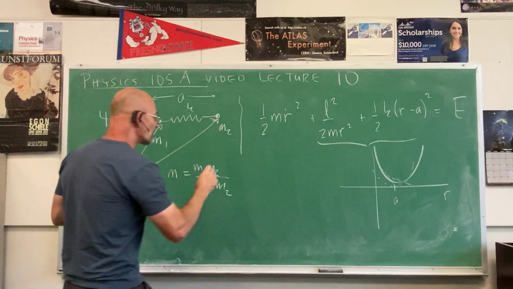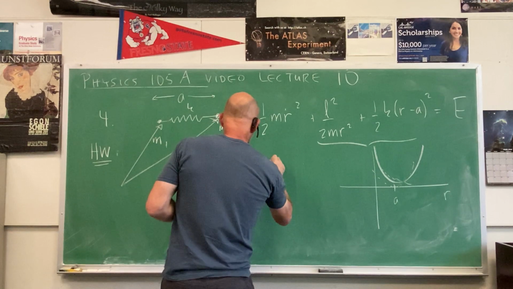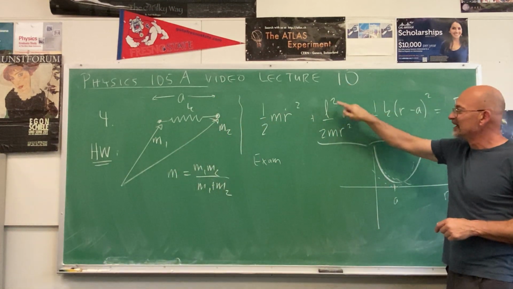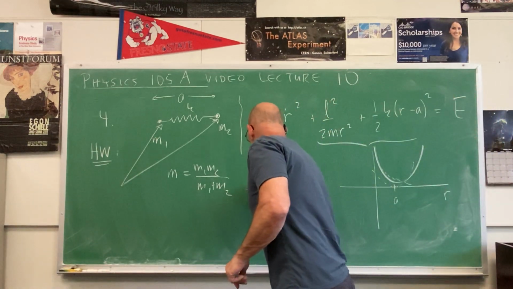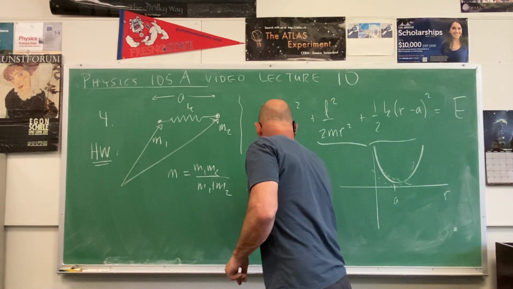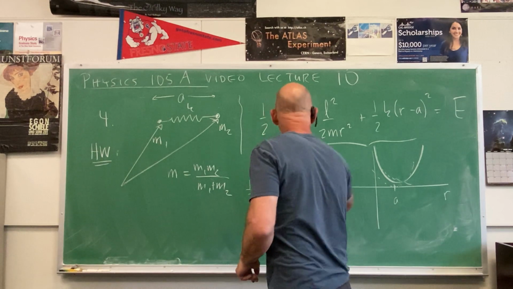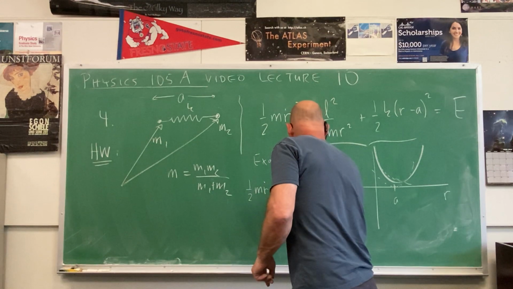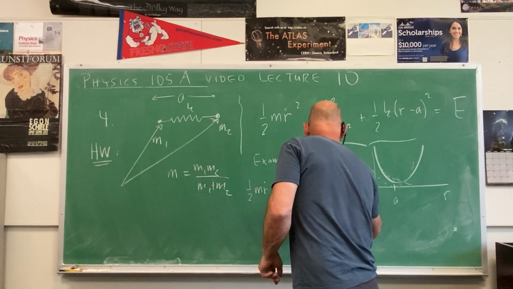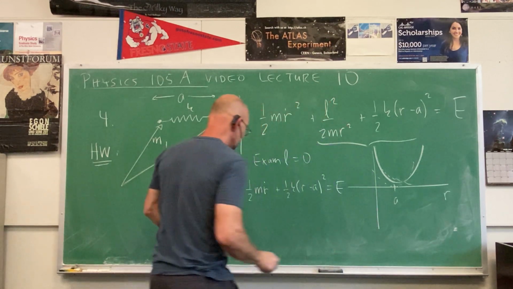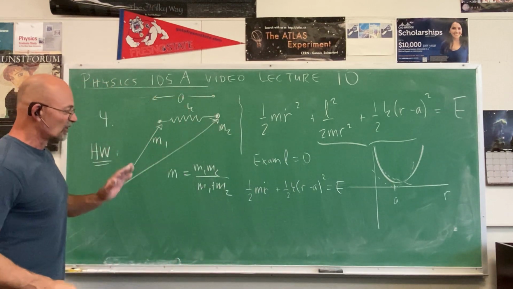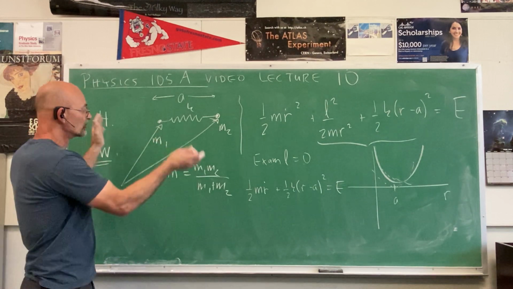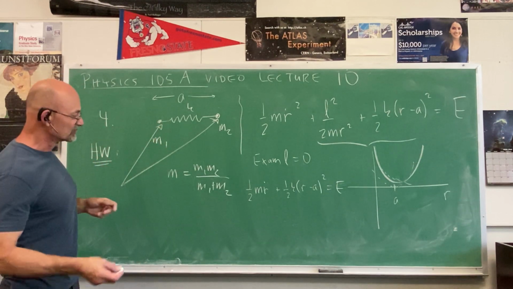In the exam problem, I said let angular momentum vanish, so L equals 0, and you just have 1/2 m r dot squared plus 1/2 k (r minus a) squared equals E. Nobody did it this way. You didn't, strictly speaking, have to. Other people wrote down the central force, and that was legitimate as well.